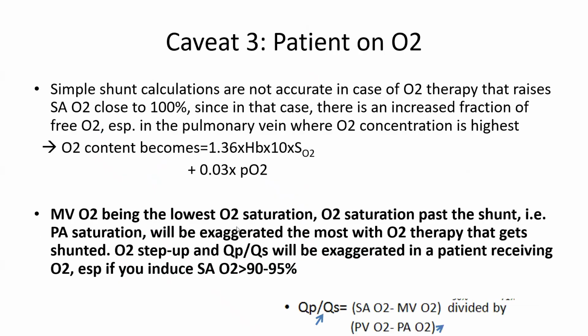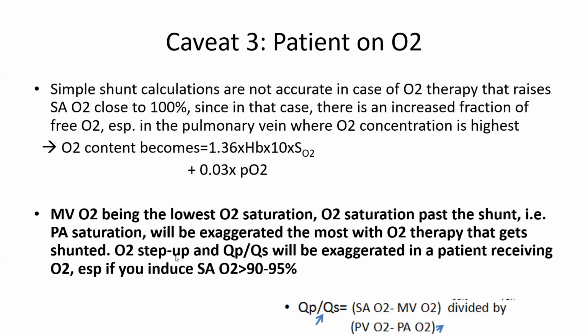So mixed venous O2 being the lowest O2 saturation past the shunt, meaning the PA saturation, will be exaggerated the most with oxygen therapy that gets shunted. The PA sat will be the one to rise the most with oxygen therapy, which makes the denominator drop, which will make the QP/QS rise dramatically.